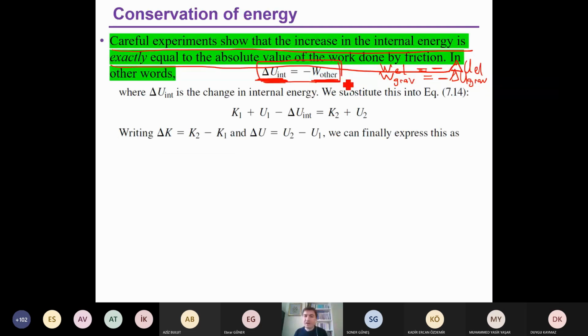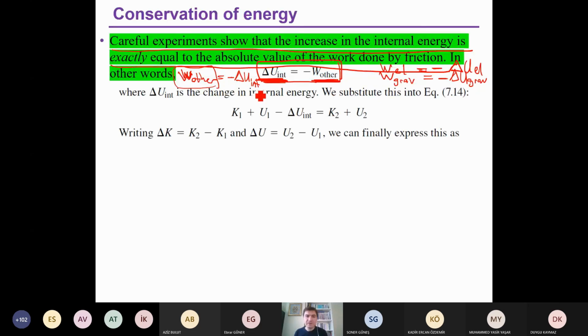The work done by non-conservative forces is equal to minus the change in the internal energy of the system. You can write it like this. W other can be written like this, minus delta U internal. So the work done by a non-conservative force like friction is equal to the change in the internal energy of the system.